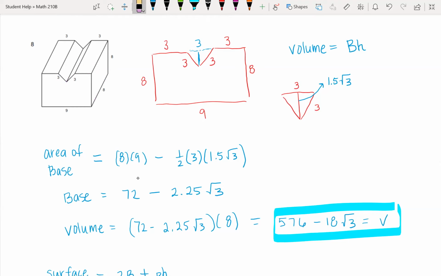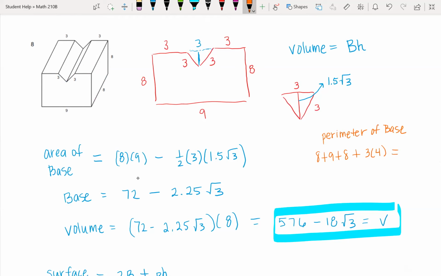So the perimeter of this, we kind of have that in this drawing here in the red. I think that the perimeter is 8 plus 9 plus 8. And we have 3 multiplied by 4 there, right?